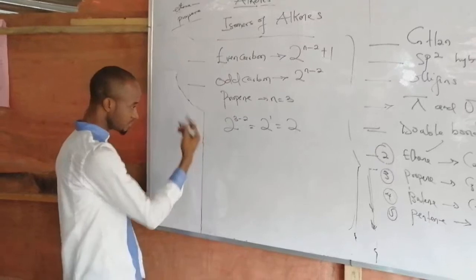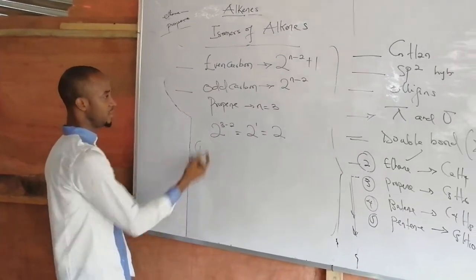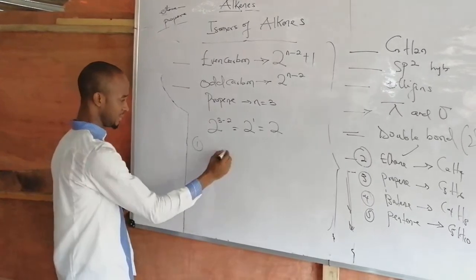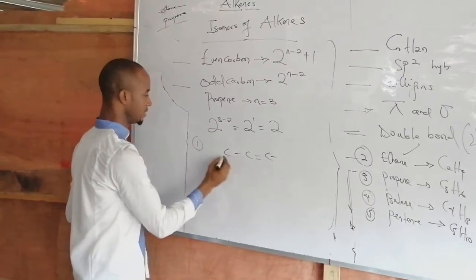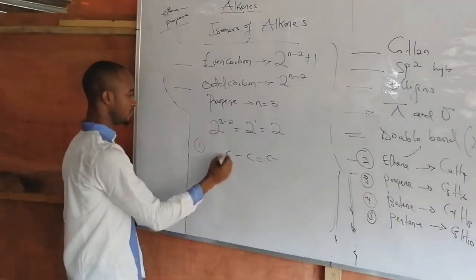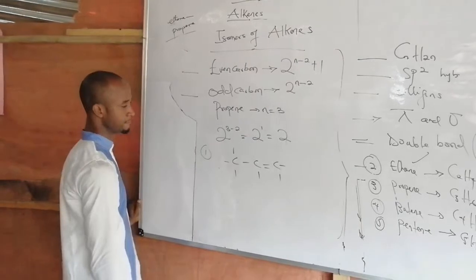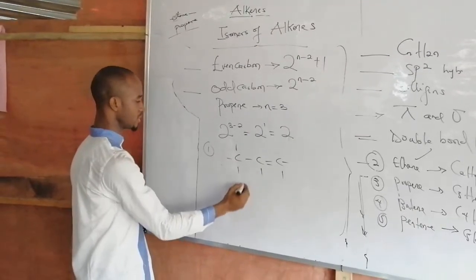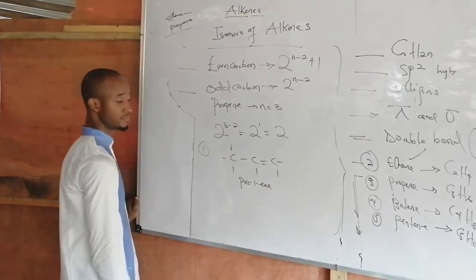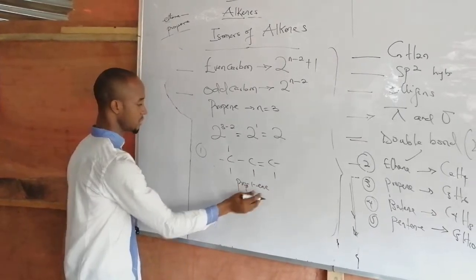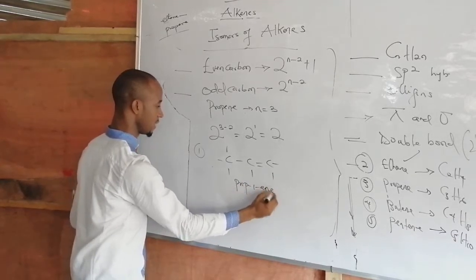The first isomer of propene has 3 carbons. This is prop-1-ene.